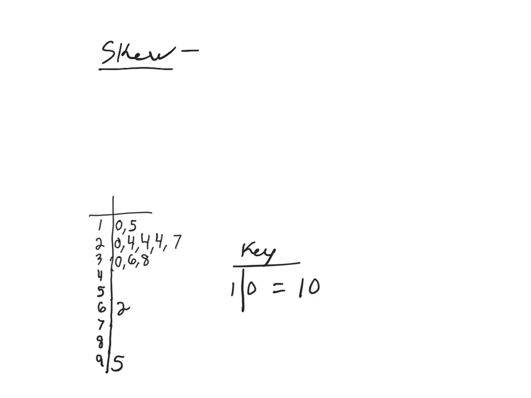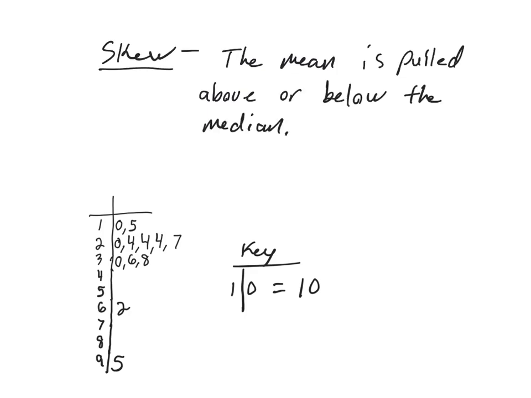It's when the mean is pulled above or below the median. Anytime this happens, the data is said to be skewed. What that means is that it wasn't distributed evenly.